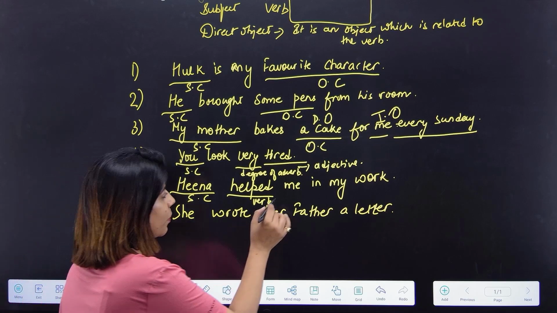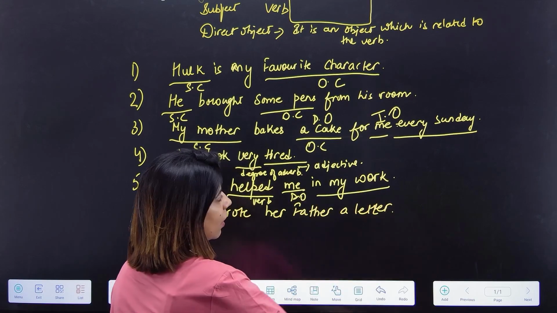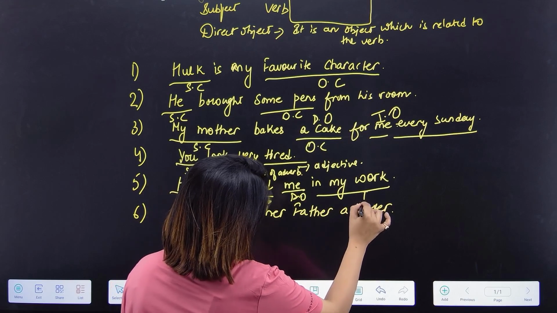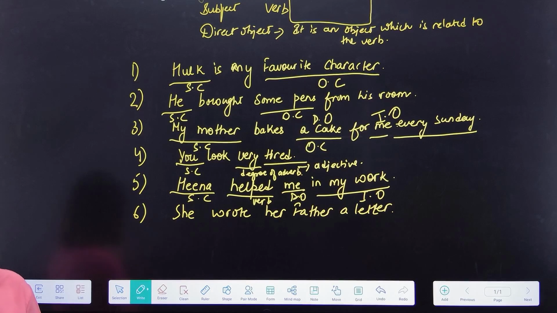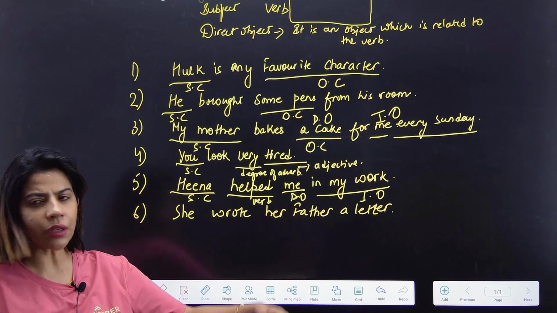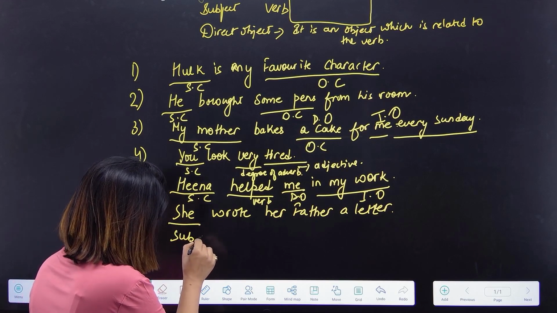Me. So me is your direct object. किसमें हेल्प किया? She. You'll tell me. She wrote her father a letter. She is subjective case.